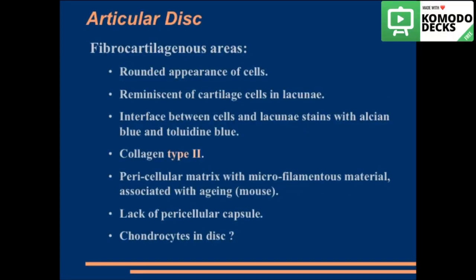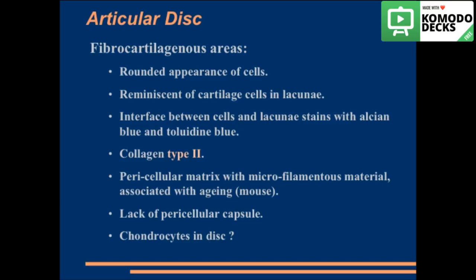So, fibrocartilaginous areas are described in the articular disc. They contain a round appearance of cells. They are chondrocyte-like. We see a reminiscence of cartilage cells in lacunae. It is very close to cartilage cell features.